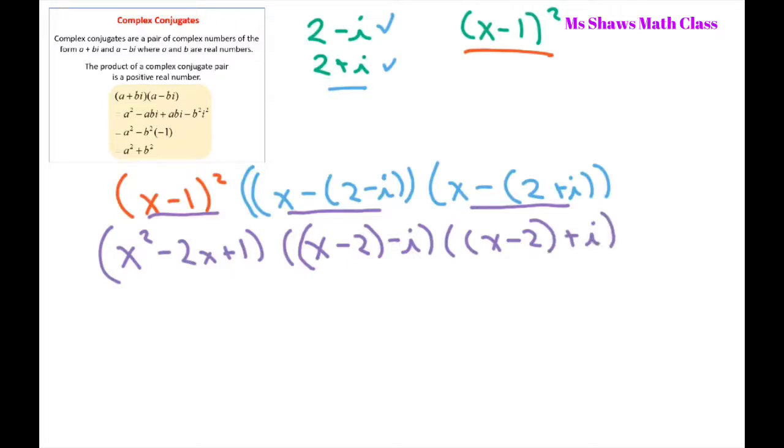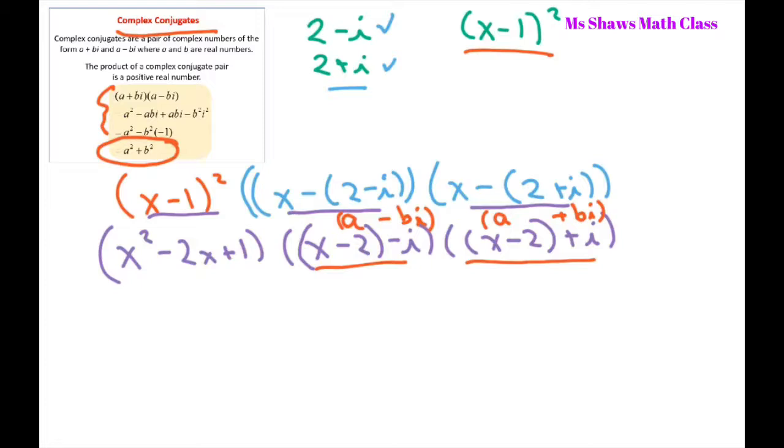The reason I did that is because now I have an a minus bi times a plus bi. From our complex conjugates, when you multiply these two together, you should get a squared plus b squared.